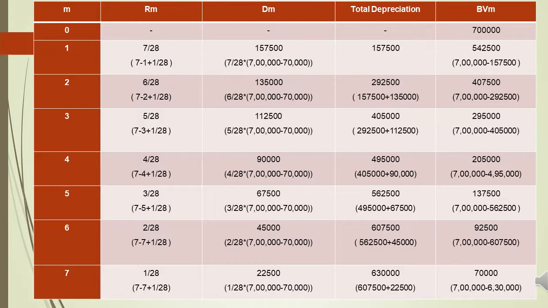That is the total depreciation of the fifth year plus the DM of the present year, that is 45000. Answer will be 607,500. So the total depreciation of the last year, the seventh year, will be the total depreciation of the sixth year plus the DM of the seventh year. So 607,500 plus 22,500. Answer will be 6,30,000.